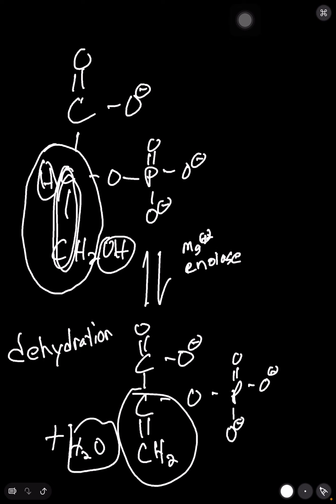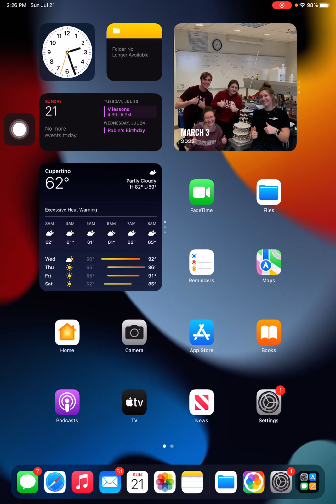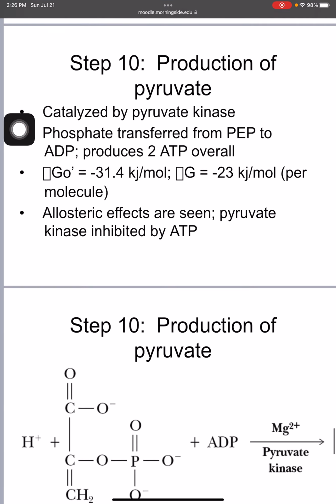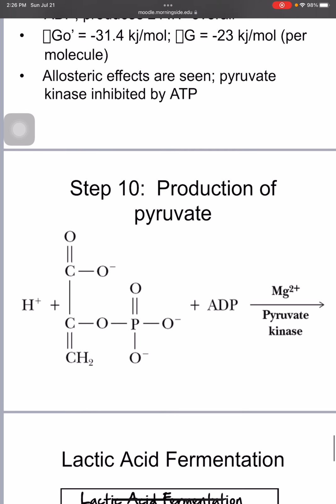And then you get to step 10, the ultimate step of glycolysis, and that is the production of pyruvate, which has been our goal all along. This one's catalyzed by an enzyme called pyruvate kinase. And you'll notice here we have another step where we're actually producing ATP.